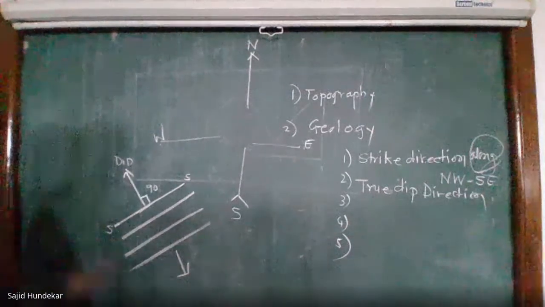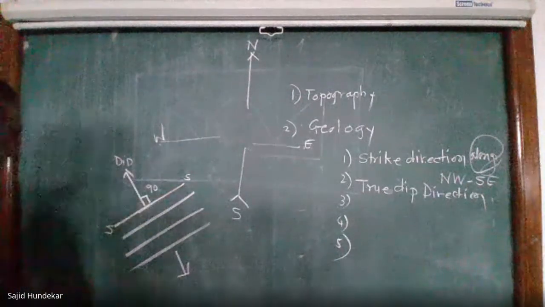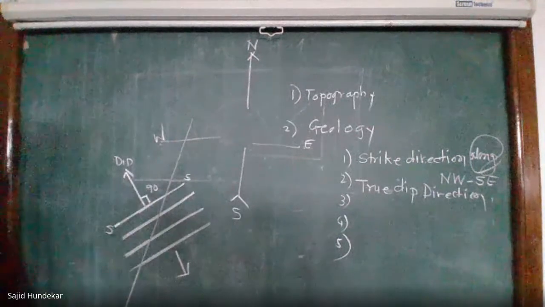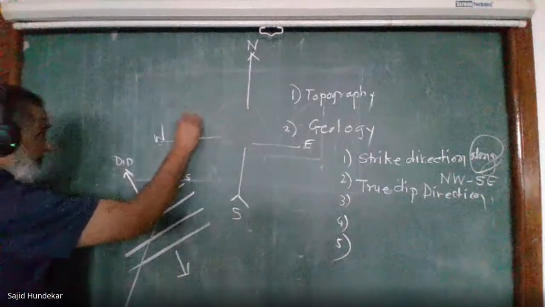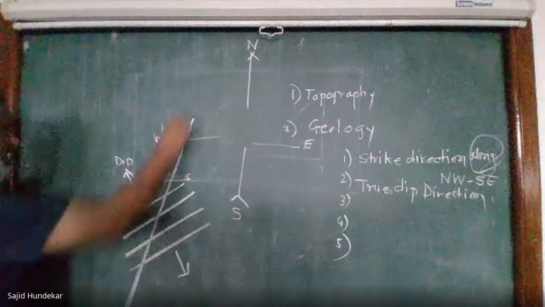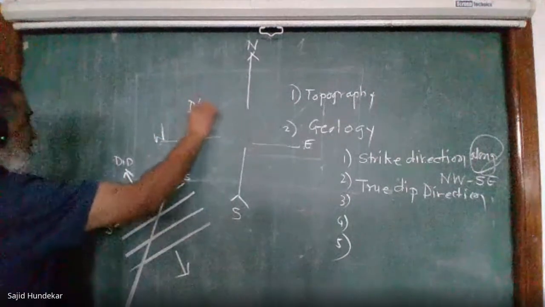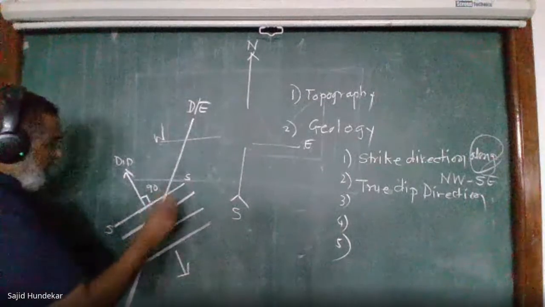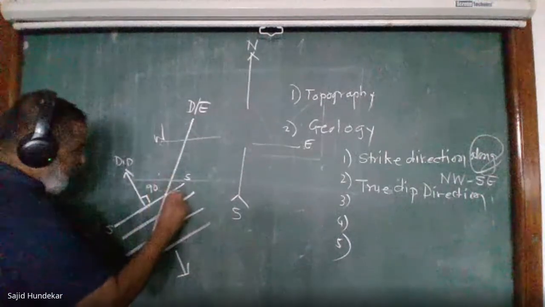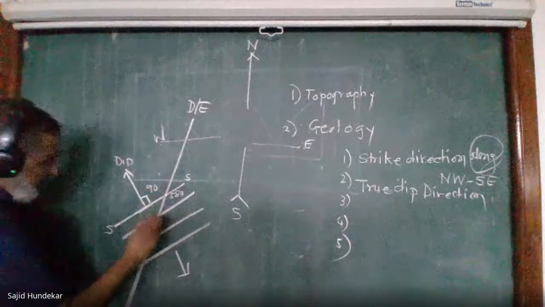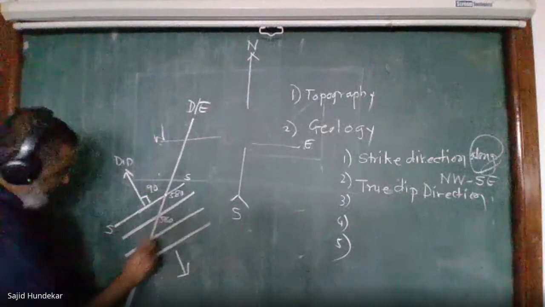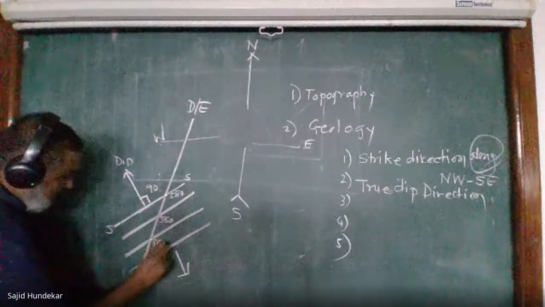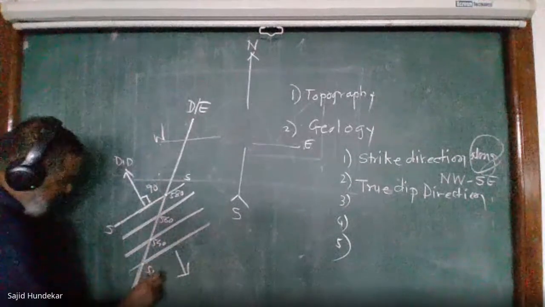How do you check it out? You have to see this side line, say this is your dark line, and this is your D junction. Assume now this is a D junction. Here at this particular point, I got the 580 contour intersecting. Here I got 560, here 540, and 520.